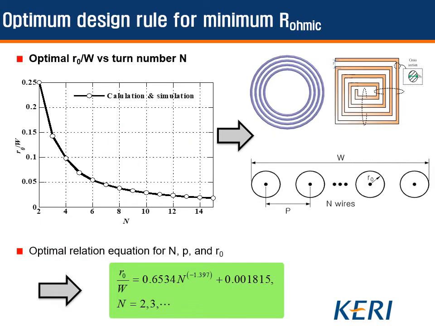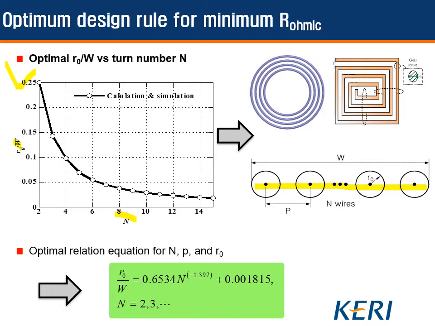From the calculation, we can derive an optimal design rule for minimum AC resistance. This graph shows the optimal R0 for a given total width W, according to the number of turns n. W is the total width of n parallel straight wires.